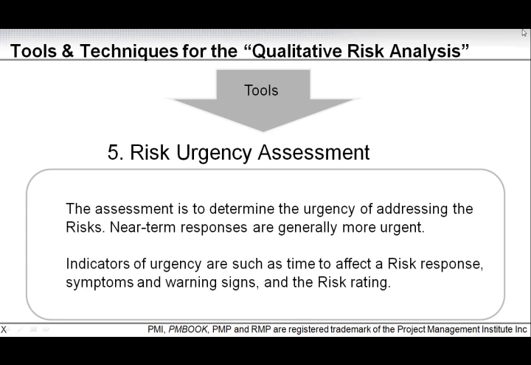A high rating risk requires more urgency, whereas if it has some warning signs, or if it is something that will affect the project in the near term, those will have a higher risk rating.